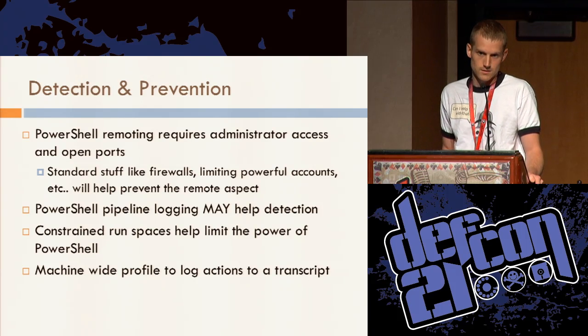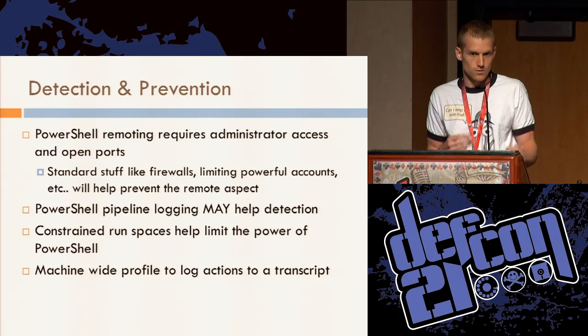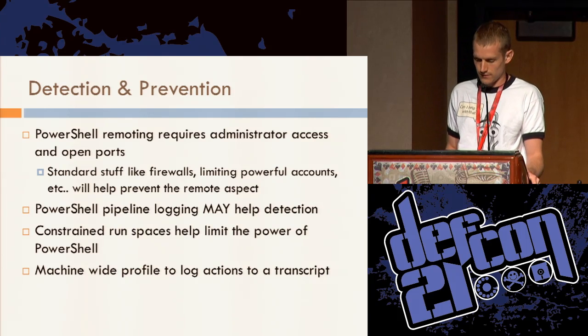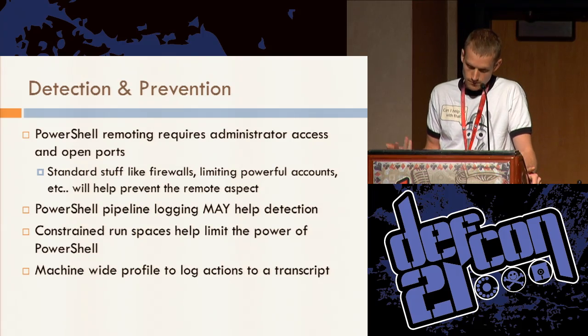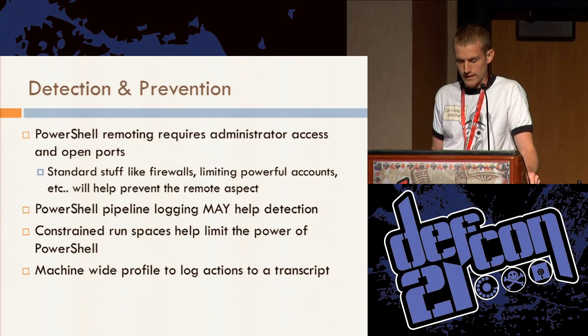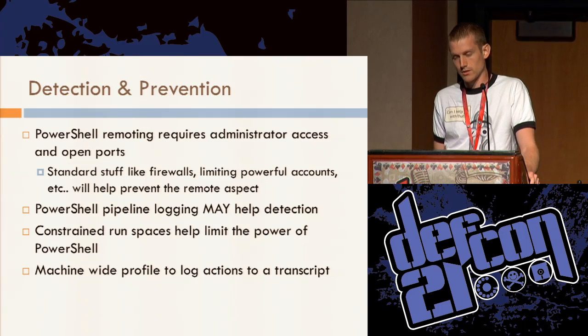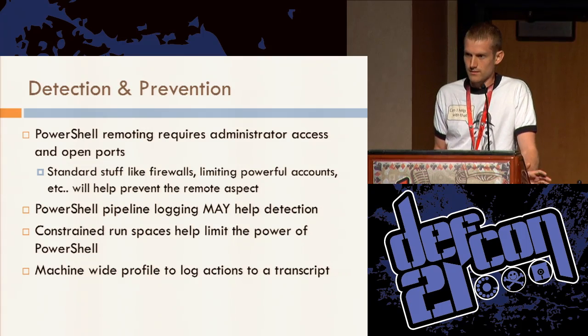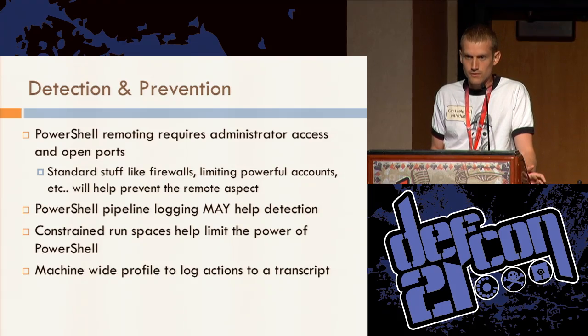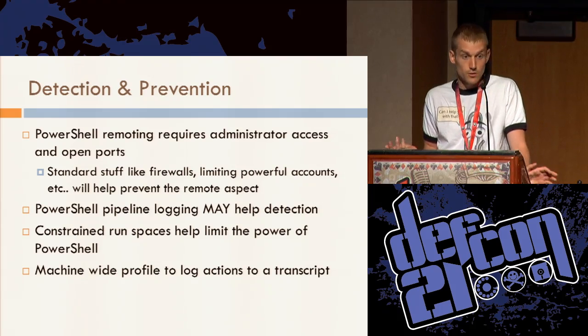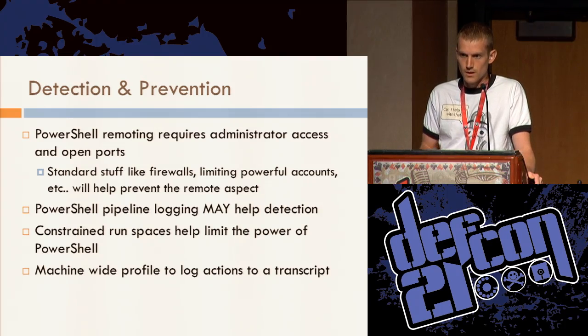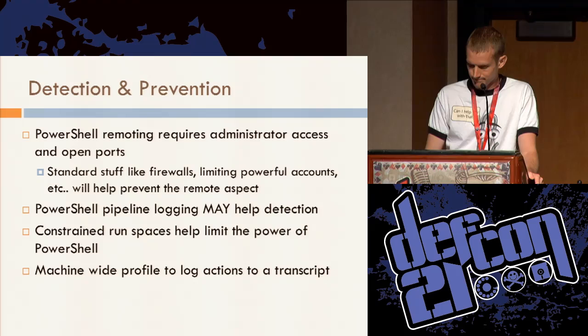So I don't have full access to the Win32 API. I only have access to these 50 cmdlets that are deemed to be safe. And another one is a machine-wide profile to log actions to a transcript. Once again, super easy for an attacker to turn this off. But if an attacker doesn't know that you're doing this, then you might be able to record what they're doing.